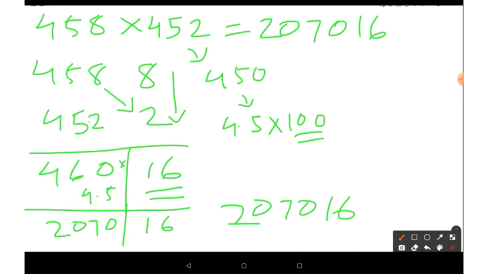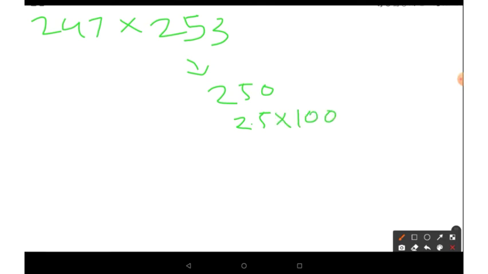So your next question is, you have to do 247 into 253. We can take the base as 250, which is 2.5 into 100.